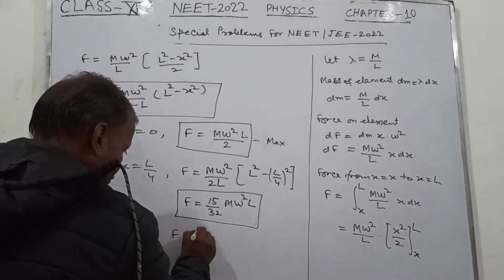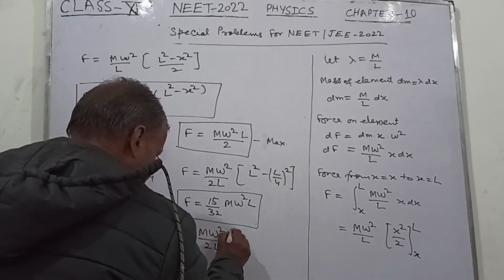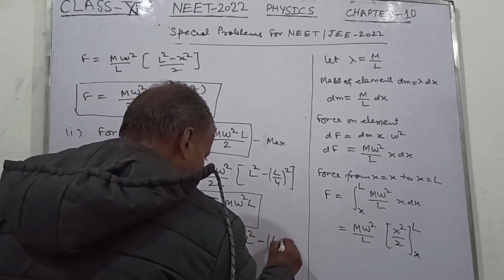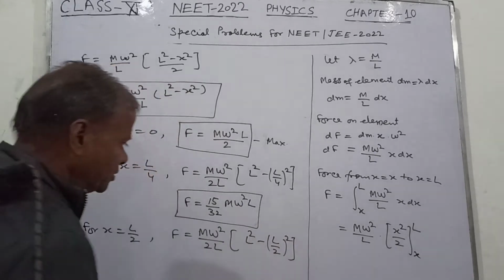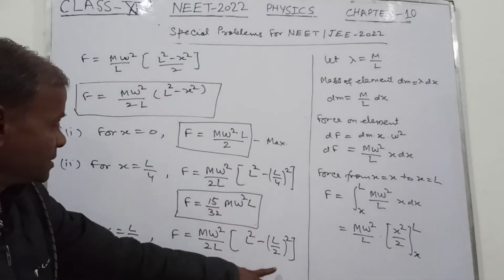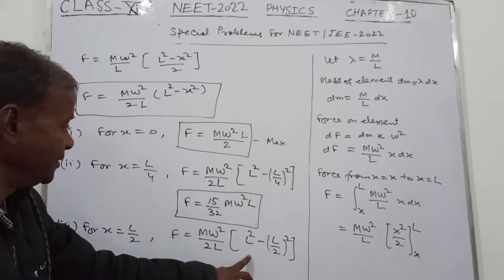Then F equals m omega square upon 2L into L square minus (L upon 2) whole square. In place of this x, you will write L by 2. Then this is 1 by 4, so this is 3 by 4.